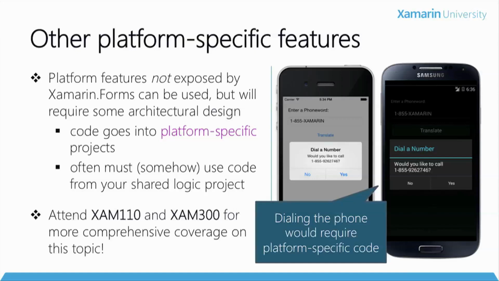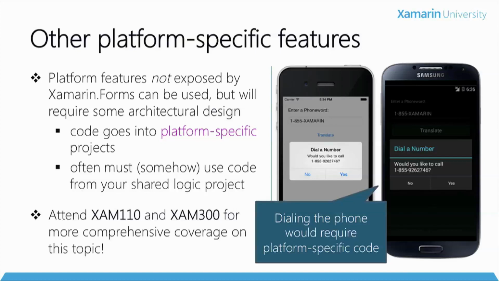However, it is very likely that there will be some feature that is not available to your shared code. And for all of these cases, we have to put a little architectural thought into our app. If we want to be able to invoke something that is specific to a platform, then we somehow have to make that code available to the shared code in our portable class library.